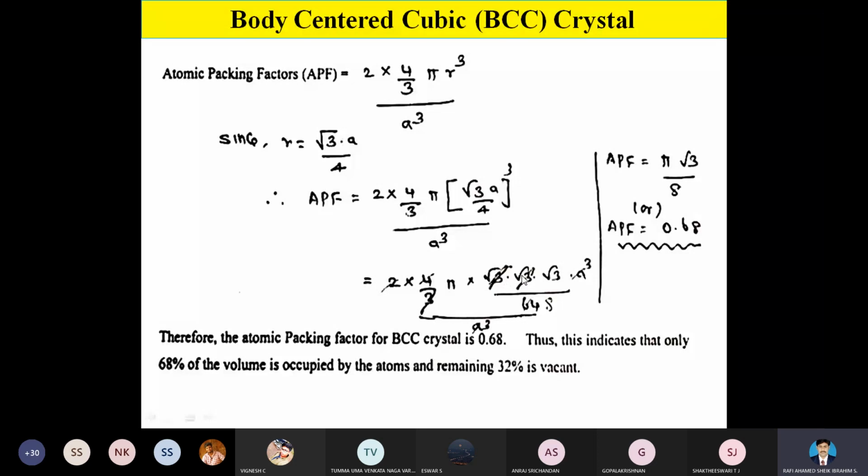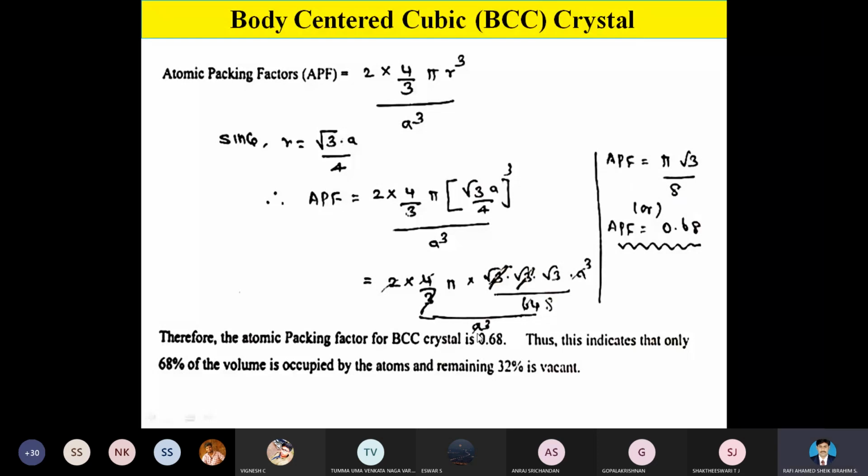We know that root 3 into root 3 is nothing but 3, so these 2 roots are cancelled with this 3. Then 4, 1, 4, 8. After solving, finally we get APF is equal to pi root 3 by 8.